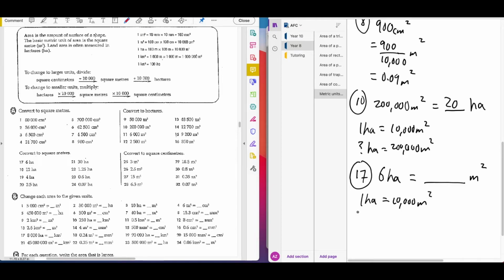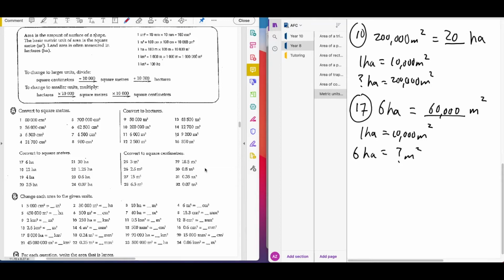So then how many square meters is equal to 6 hectare, right? We just have to multiply this number by 6, right? If 1 hectare has 10,000, 6 hectare should have 60,000, right? So that's your answer.